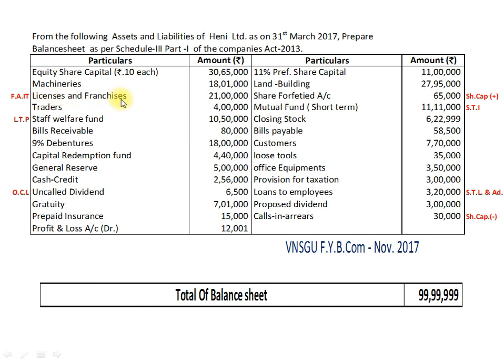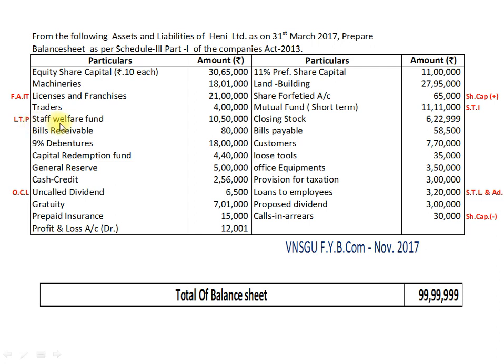Dear students, license and franchises are nothing but our intangible assets, and it will be recorded in balance sheet on asset side under the head non-current assets, fixed assets, intangible. Then we are given traders. Traders means suppliers. Suppliers means creditors. So creditors will be recorded in balance sheet on equity and liability side under current liabilities as trade payables.